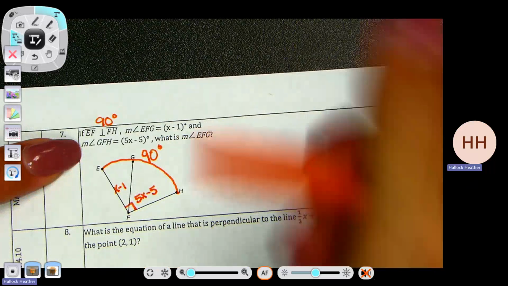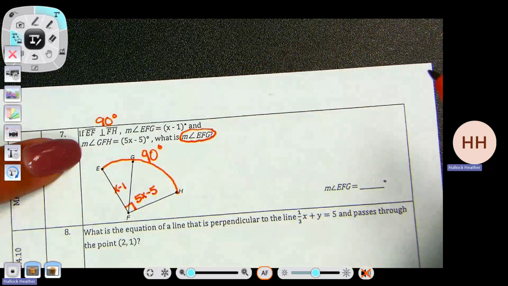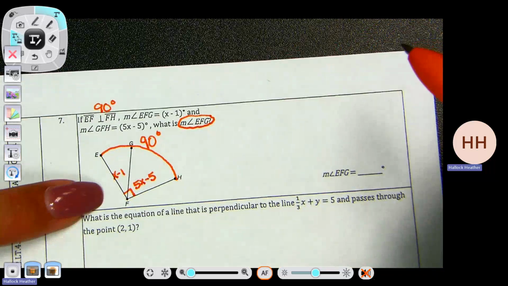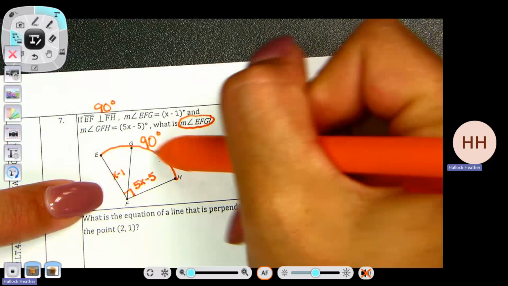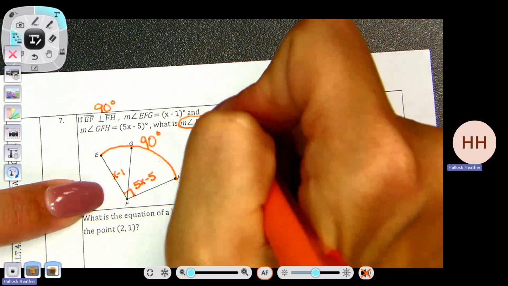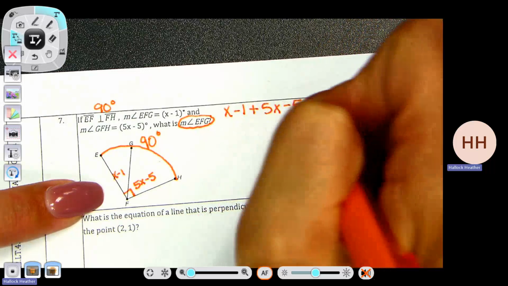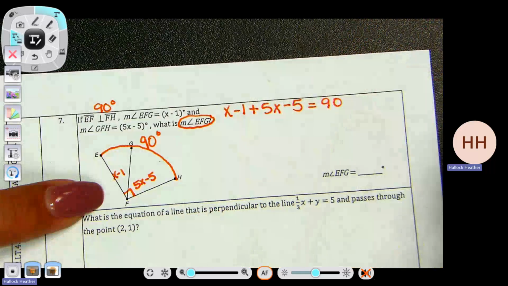I have to find EFG, so I'm going to have to plug it back in because it wants an angle measure. So first thing I got to do is solve for x. Since this is a perpendicular intersection, we're adding to make 90. So we're going to do x minus 1 plus 5x minus 5 equals 90.